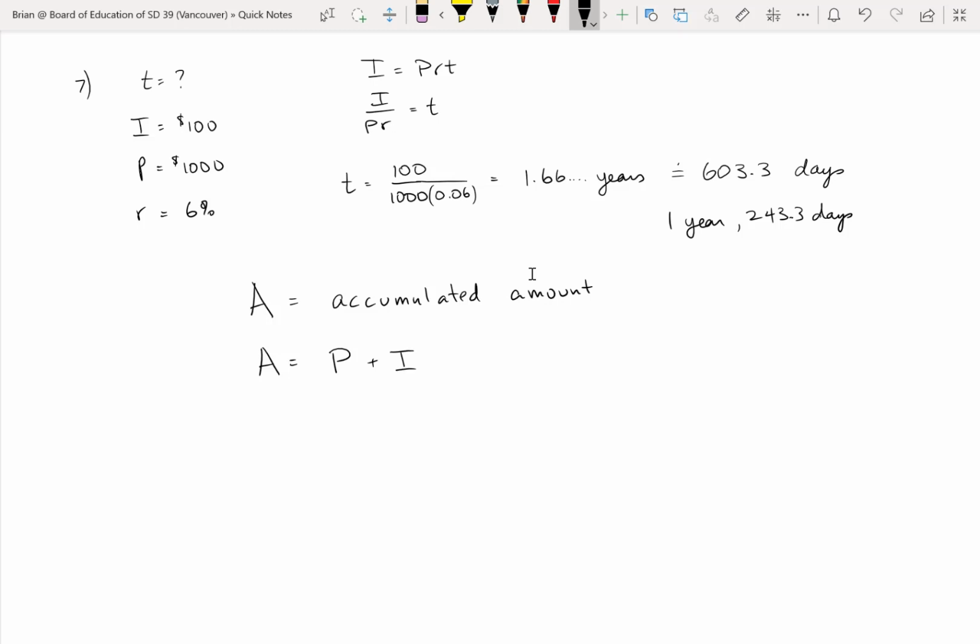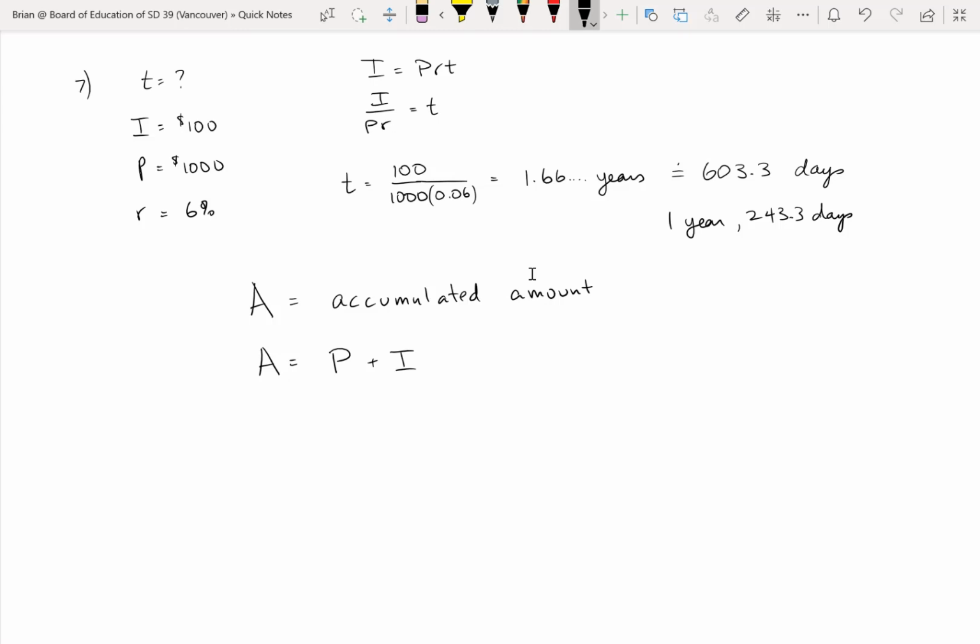So it's kind of like all of our money, right? I mean, when you invest in Canada Savings Bonds, you maybe invest $1,000 or $10,000. You're earning interest, but at a certain point, the bond matures, which means that you actually go back to the bank and give them the certificate, if you have a paper certificate, and you get your original investment back. And so that total would be the accumulated amount.